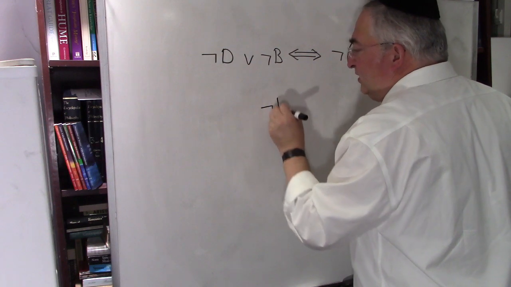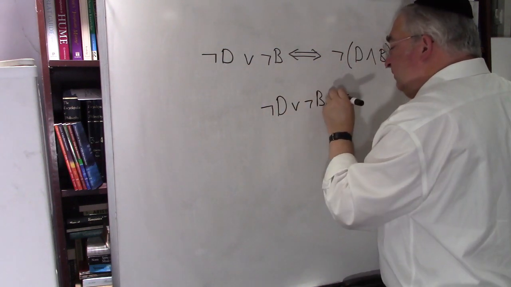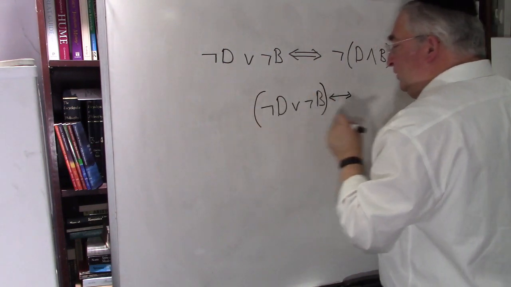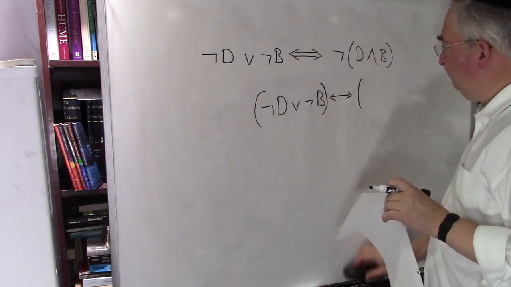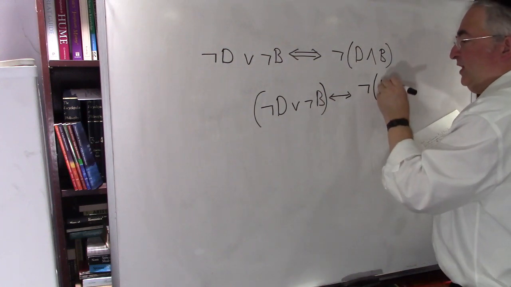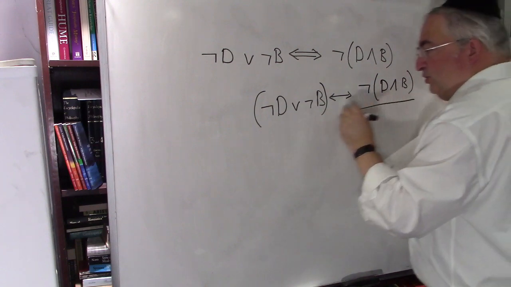You ready? Not D or not B, by implication, that's a logical formula. Okay, that's a logical formula. It's false that D and B. Okay, great. Two variables.